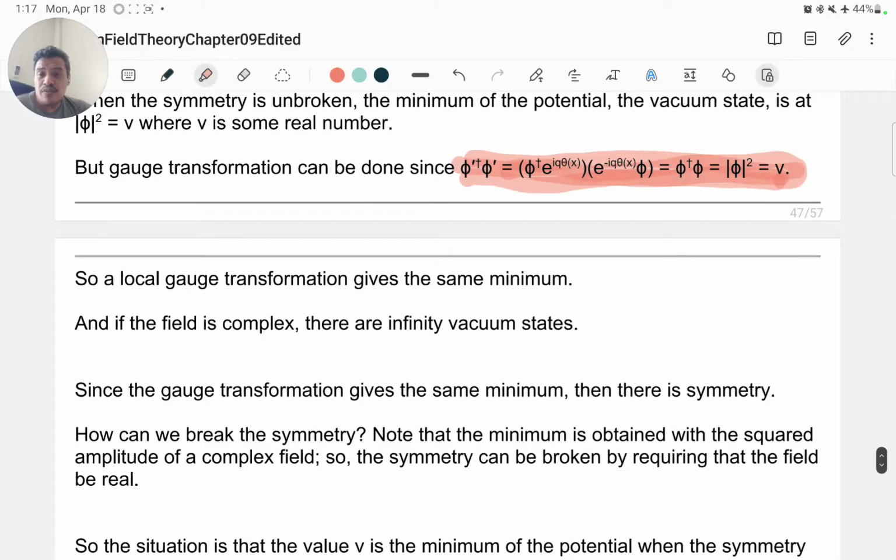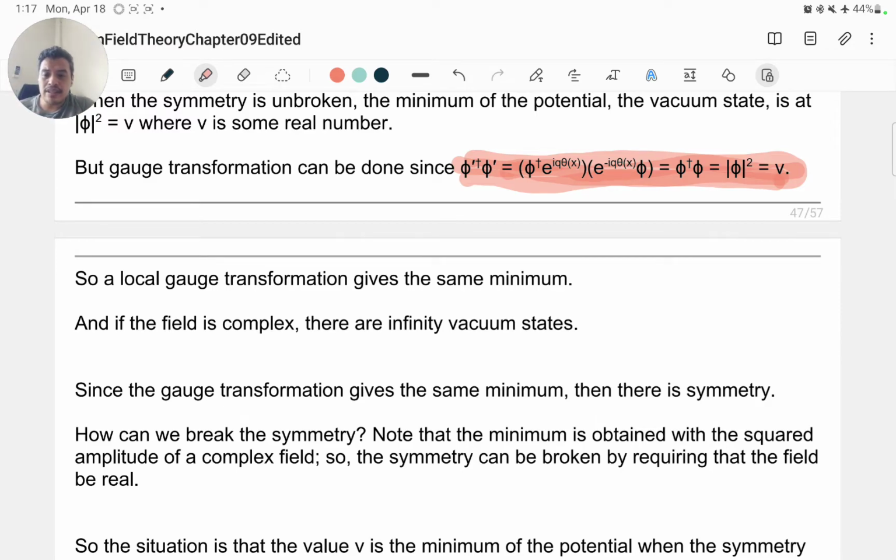But if the field is complex, like what we did previously, there are infinitely many vacuum states, and we have to choose only one of those in the circle. So from here, since we saw that nu is the same minimum, then there is symmetry in that Lagrangian.